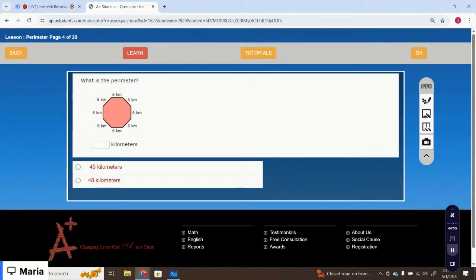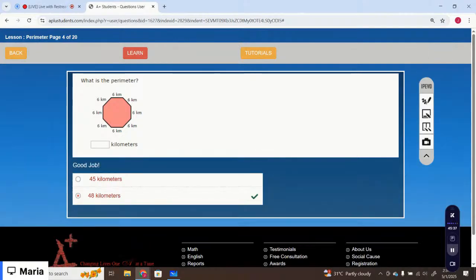What is the perimeter? That is 48 kilometers. Option number 2 is the correct option.